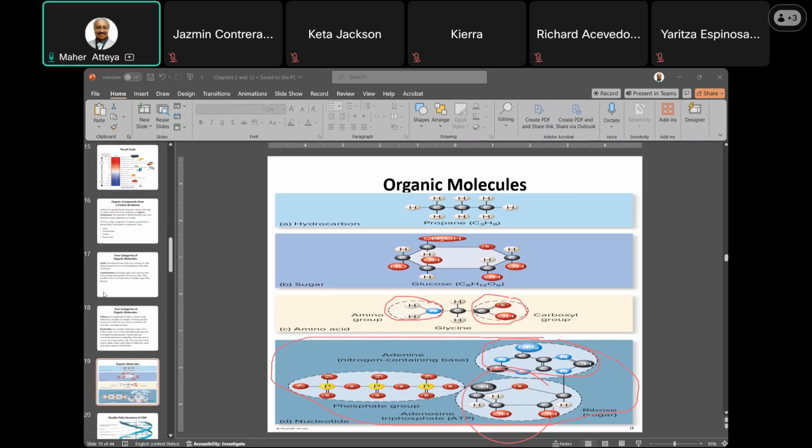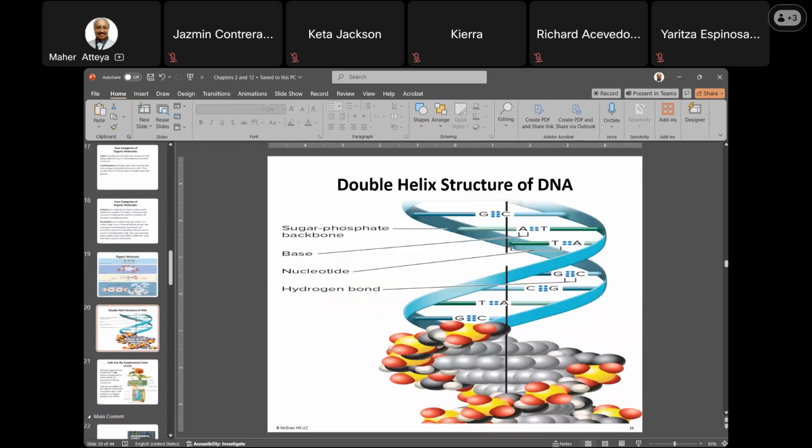Here we have another example. That's the well-known DNA structure, the double helix structure of DNA, with four basic components: the sugar phosphate backbone, the organic base, the nucleotide, and the hydrogen bond.